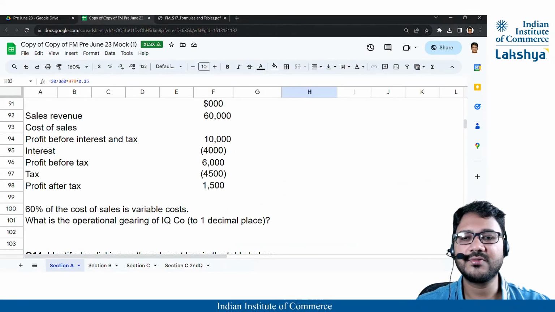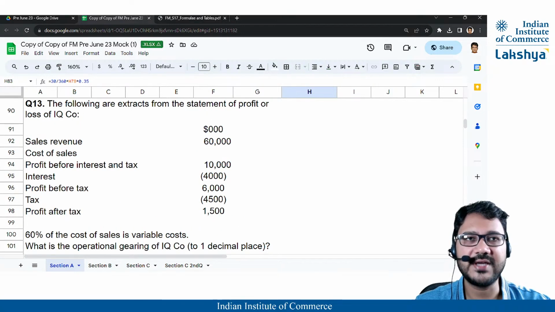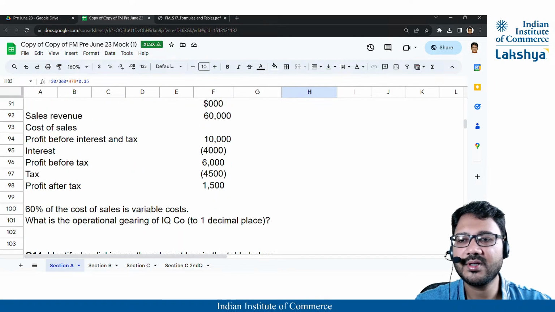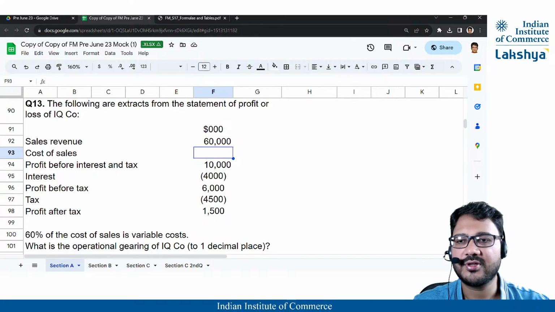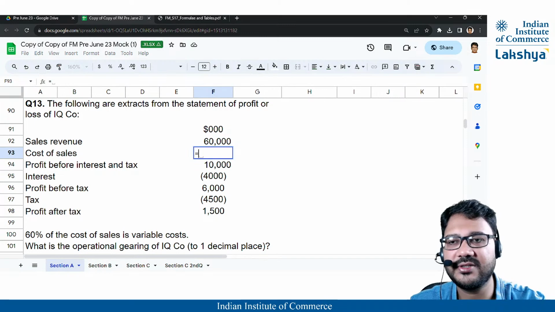There are several formulas, but let's see what variables we have and if we can plug in any of the formulas. 60% of the cost of sales is variable cost. But there is no cost of sales given. I don't know whether it's a typo or it's actually missing, but we can easily find it out.